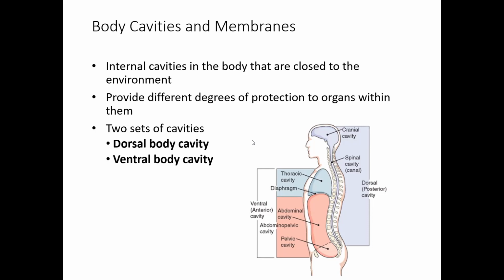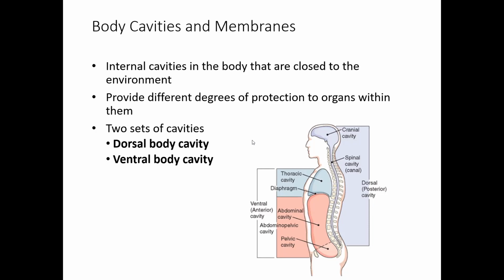In the ventral cavity, on the belly side, we have the thoracic cavity where the heart and lungs and the great vessels are located. That's the term for them, the great vessels. The trachea and the esophagus are located there as well, in the thoracic cavity, in the chest cavity.